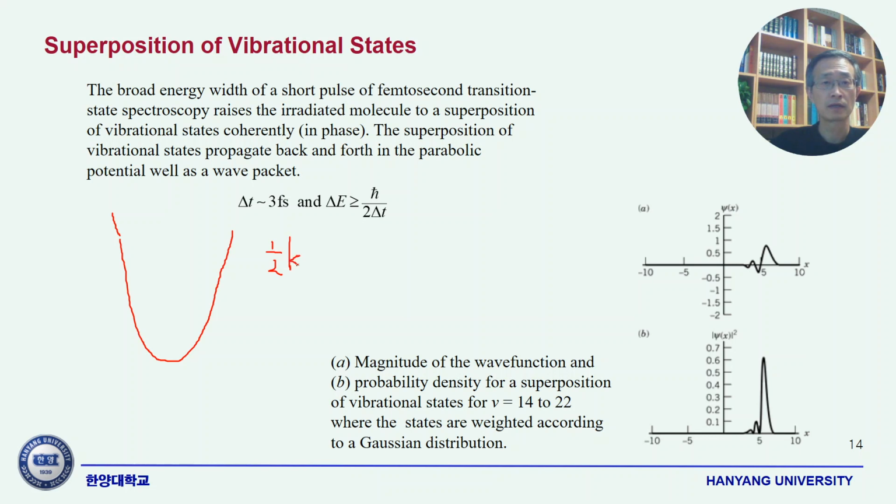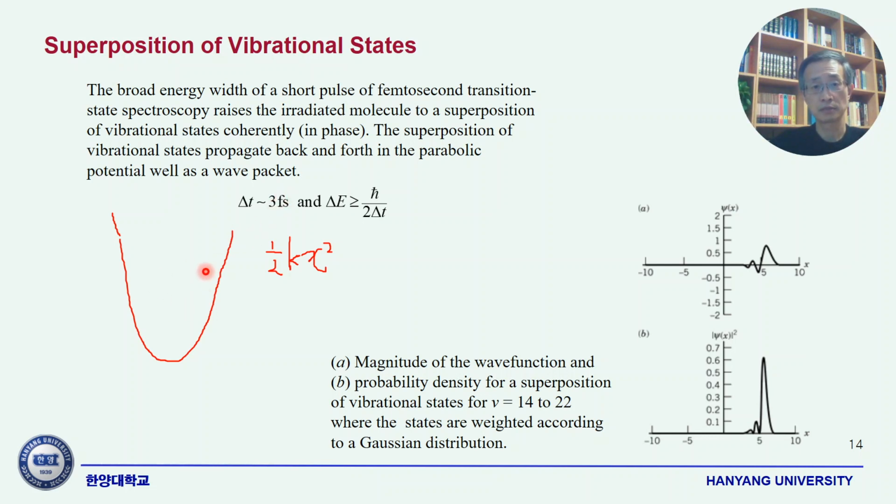k x squared. So whatever, maybe 14, 15, 16, 17, 18, 19, 20, 21, 22, like that. The states here are each a wave function or wave packet, and those are superimposed. Okay, that denotes the state after being hit by the 3 femtosecond laser.